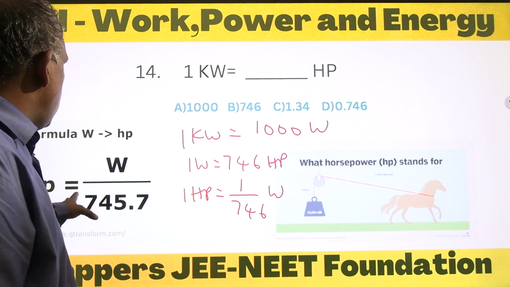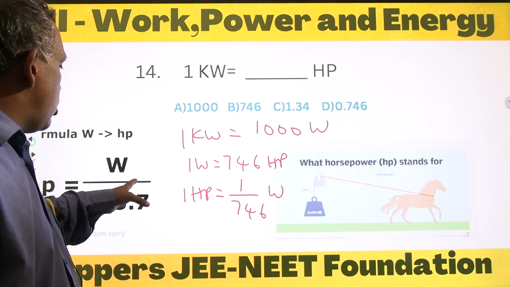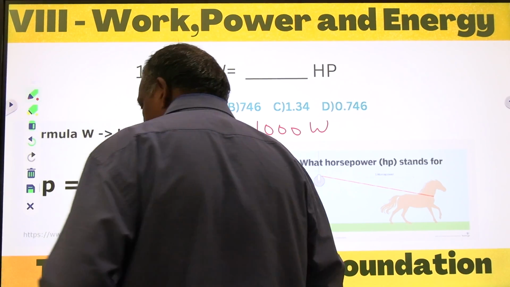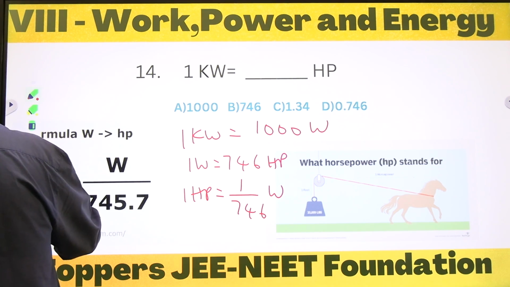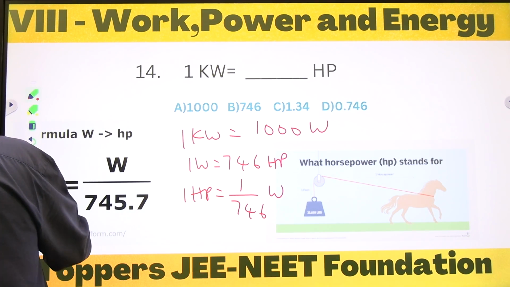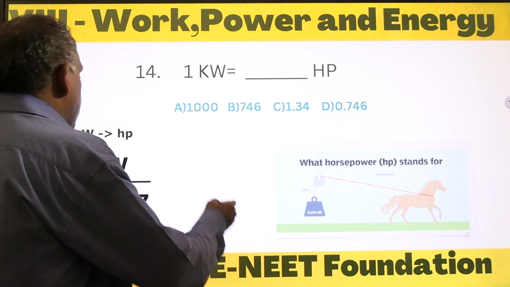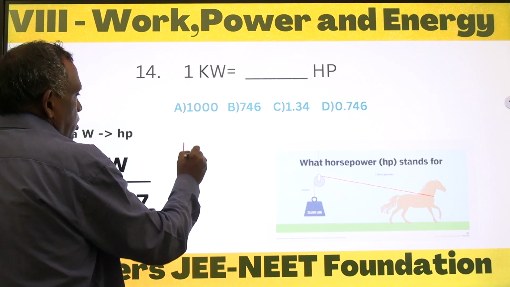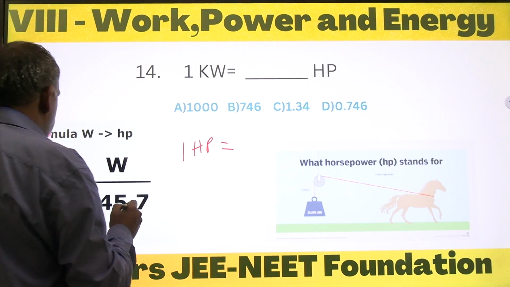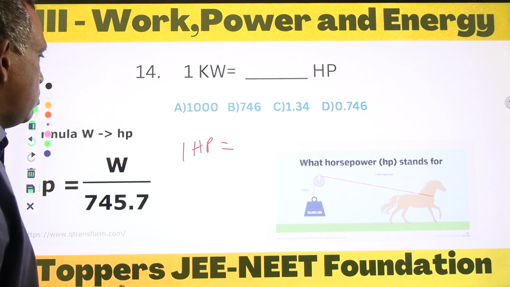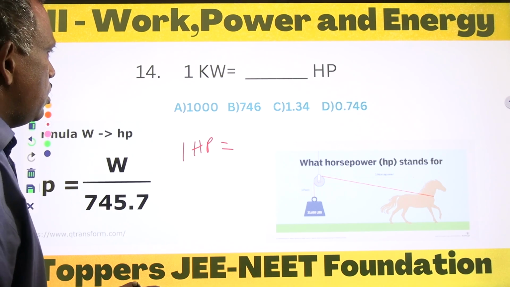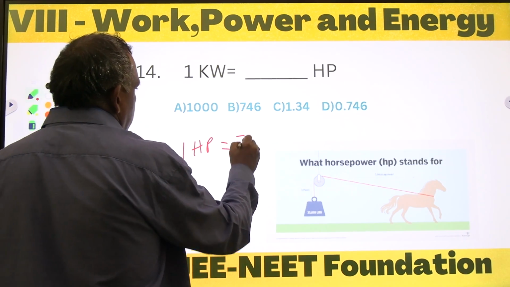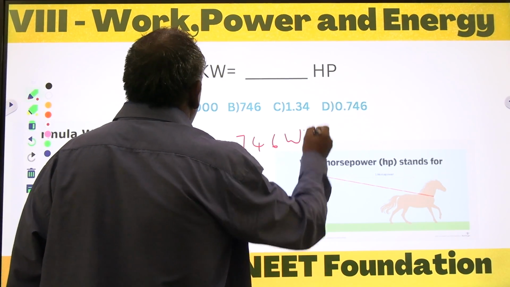Actually here you have to take it like this. Just listen here. 1 horsepower is equal to 746 watts.